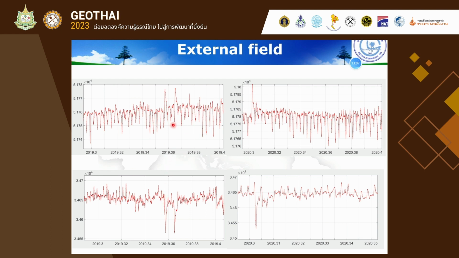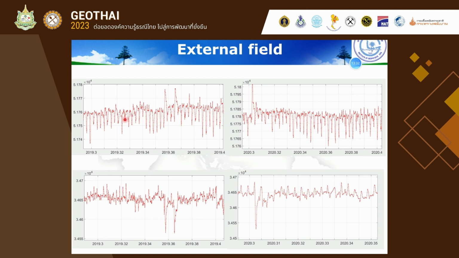The upper picture is the vertical component. The lower is the horizontal component at the same time. We can see the daily variation is hard to get the same character for every day.